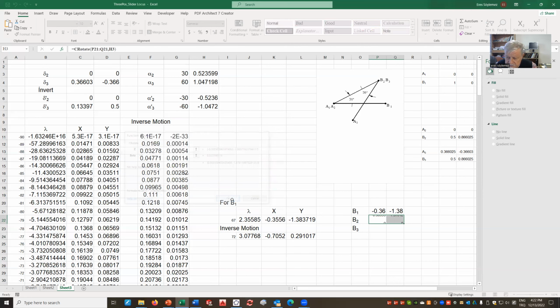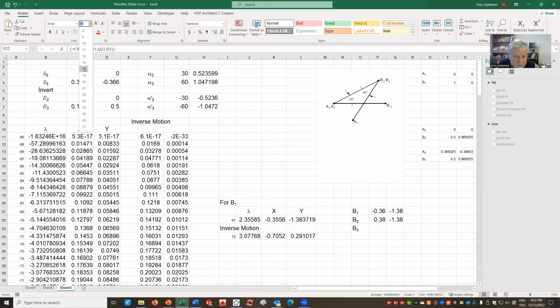Control Shift Enter. This is the location of B2. I'll check that. Just 1 minute.